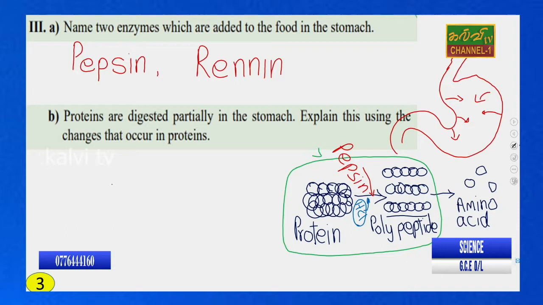So we should indicate the equation, right? What is protein, say the reaction, what is polypeptide.